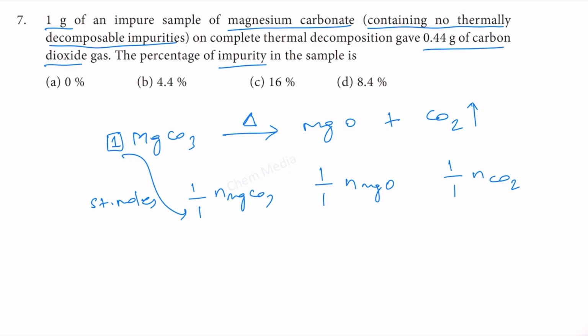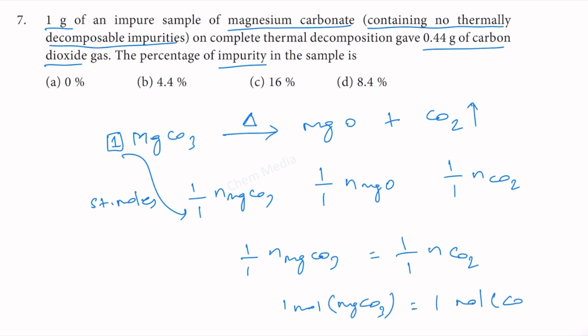So, we do not have to worry about limiting reagent here, because we do not have A plus B, we have only A. So, we can directly equate 1 by 1 number of moles of MgCO3 with the 1 by 1 number of moles of CO2. This just simply means that if you have 1 mole of MgCO3, you will get 1 mole of CO2. That is what it means, isn't it?